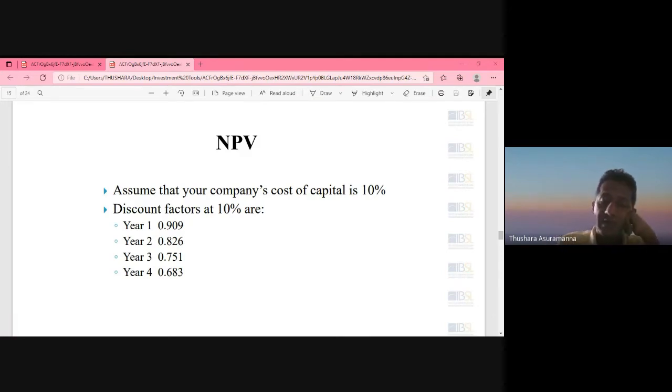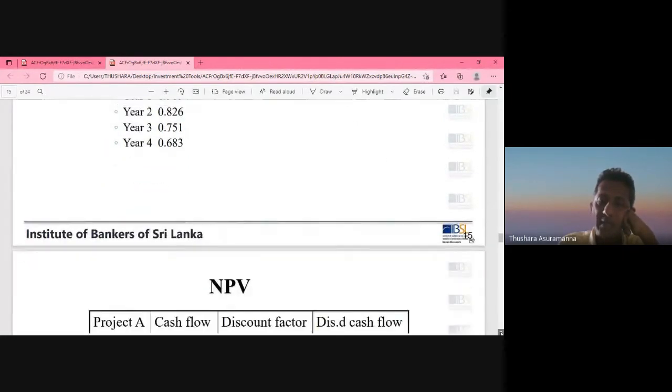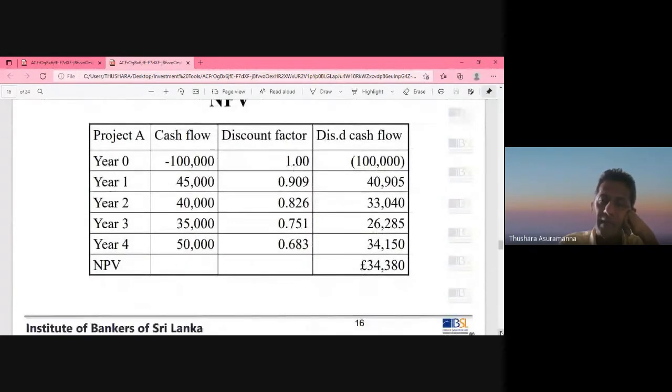For understanding purposes, I'll show how it has been computed for project A, then you can do it for B. Here, this is project A, year 0, year 1, year 2, year 3, year 4. This is the net cash flow, because though I mentioned cash inflow and cash outflow, they have not mentioned the inflow and outflow separately.